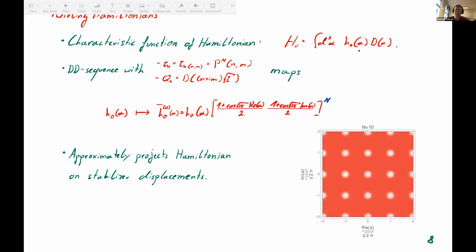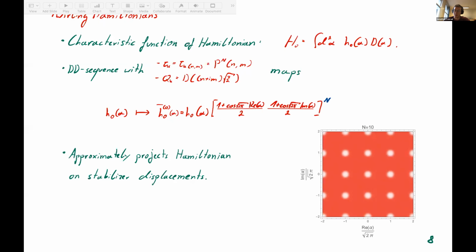If I straightforwardly apply this dynamical decoupling sequence that I've come up with earlier, I'm going to associate these relative time lengths with the probability distribution that I've shown, and the accumulated pulses with the displacement operators that I've shown earlier. Then the characteristic function of the Hamiltonian will effectively be mapped onto the approximately projected version of this characteristic function.